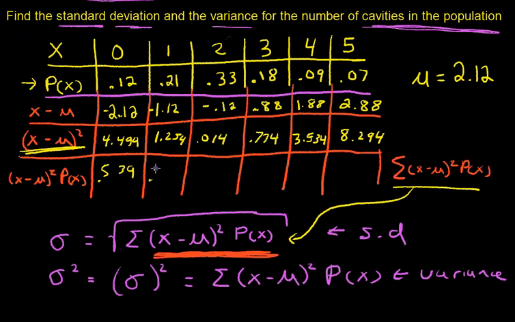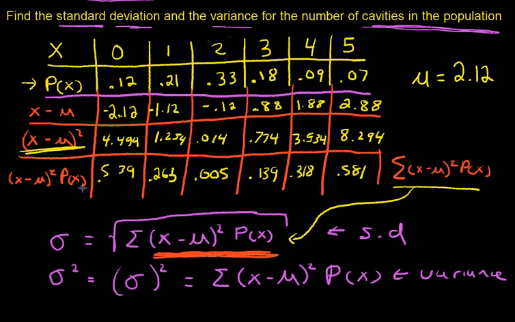That would be 0.263. Take 0.014 and multiply that by 0.33. That would be 0.005. Then 0.139, 0.318, and 0.581.